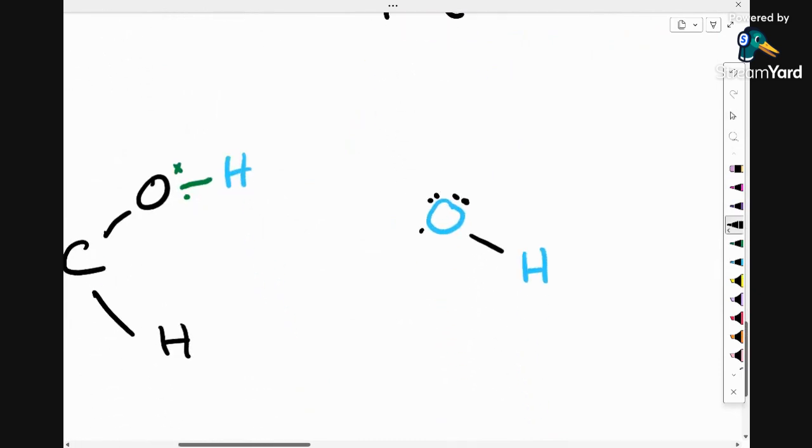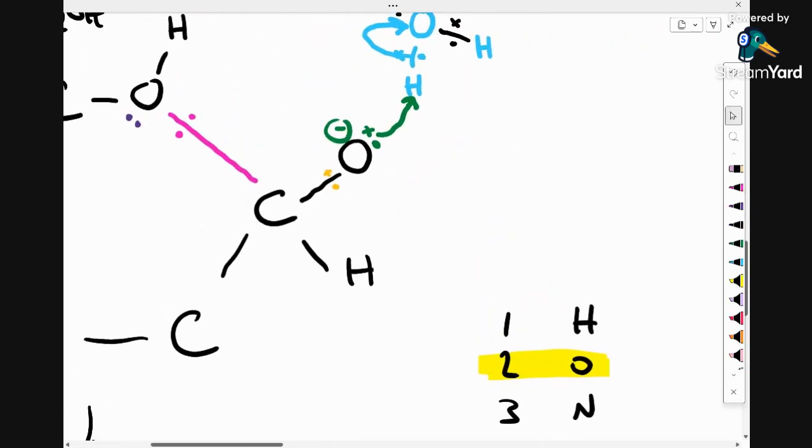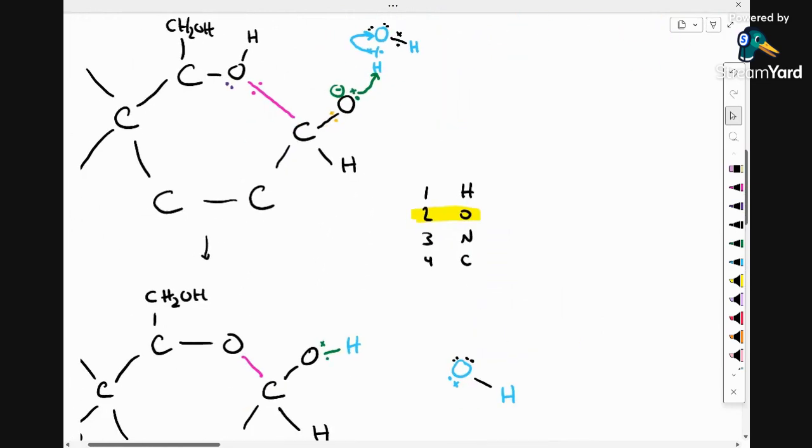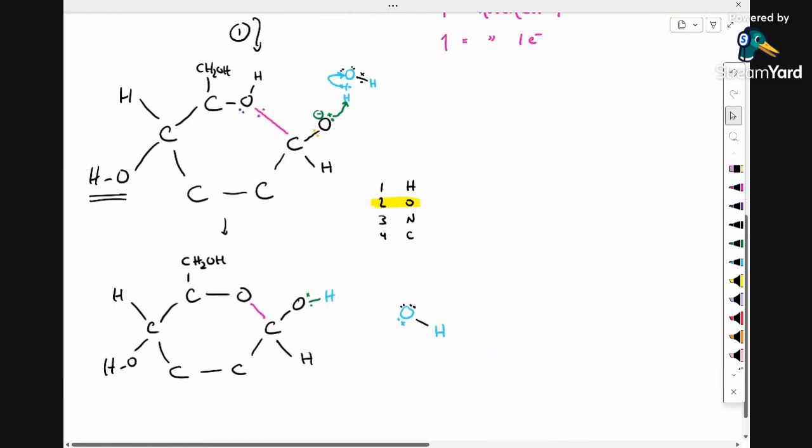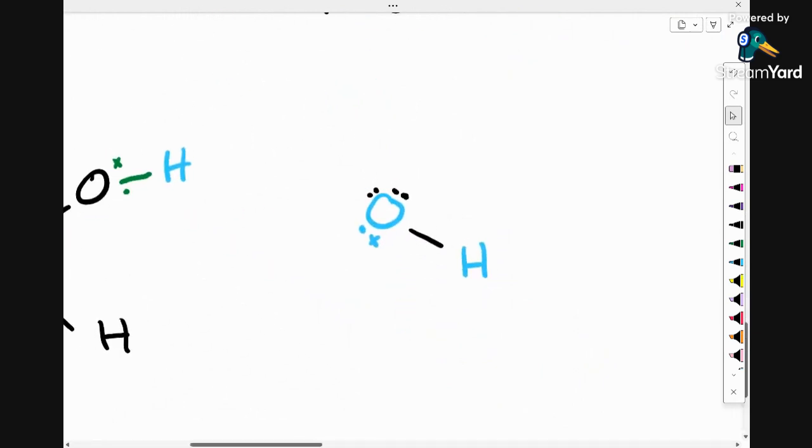So it gains the dot that it had anyway, from that covalent bond, shared pair of electrons, and it gains the cross, which originated from the hydrogen in that bond. Hopefully that makes sense. So what we've now formed, don't forget, oxygen, how many electrons has it gained that it didn't have before? Well, the answer is 1.